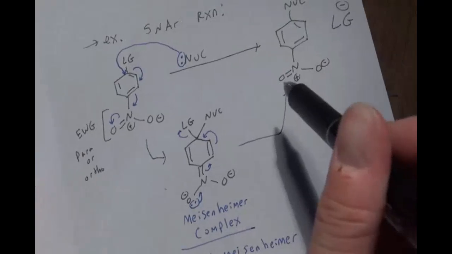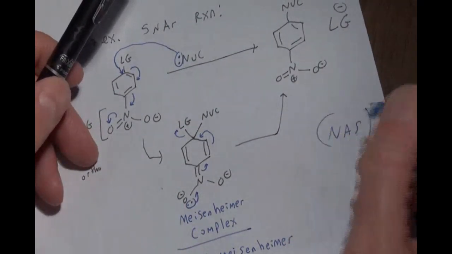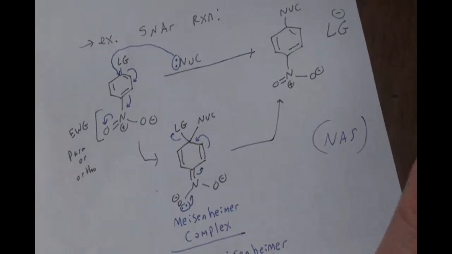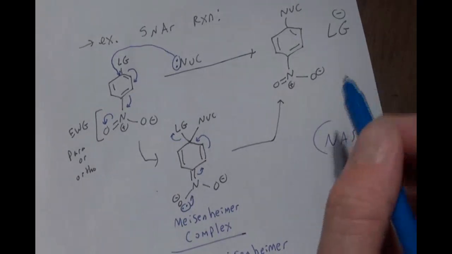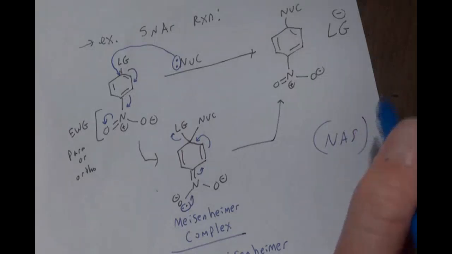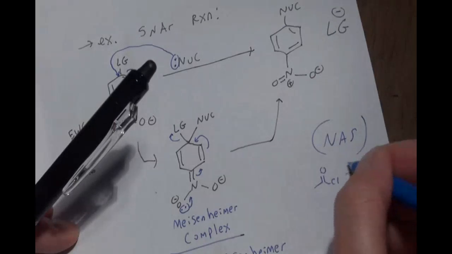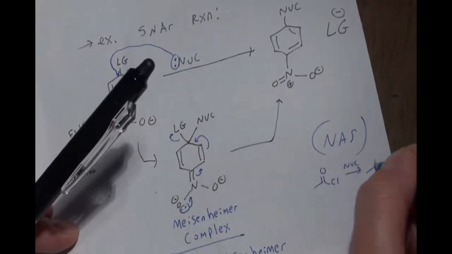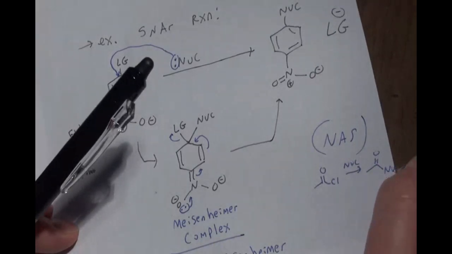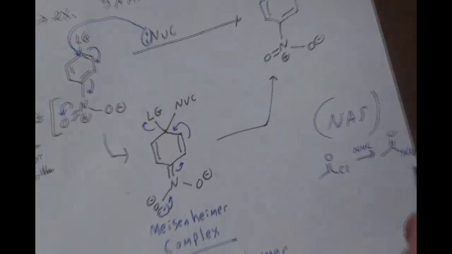In a way, it's not that far from NAS. Remember NAS? In NAS, you do something like that, where a nucleophile attacks, electrons move and kick off a leaving group, right? So I'm trying to show the nucleophile there, nuke, and that.